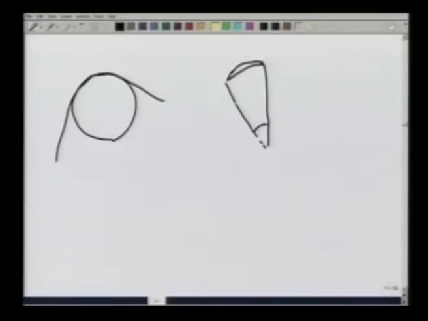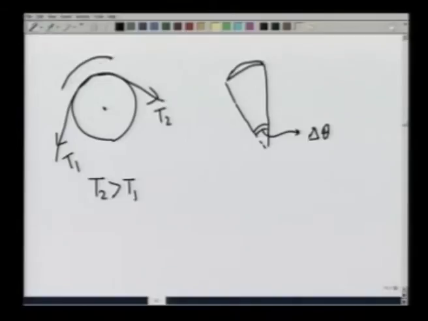Let this small portion have an angle delta theta. Let the rope be pulled by tension T1 in this direction and T2 in this direction, and without loss of generality I take T2 to be greater than T1, so that the rope has a tendency to move clockwise and the frictional force is opposing it.